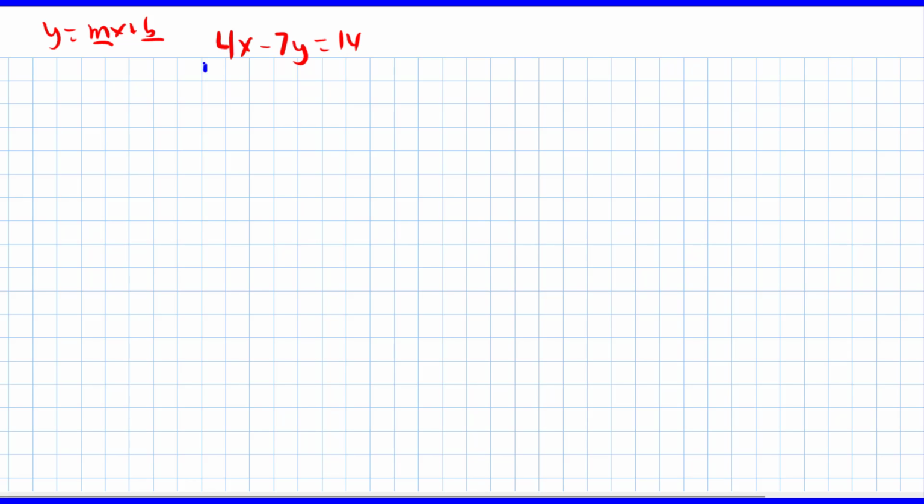So we've got 4x minus 4x minus 7y equals minus 4x plus 14, or negative 4x, right? All right, these guys are going away. That leaves me with negative 7y equals negative 4x plus 14.